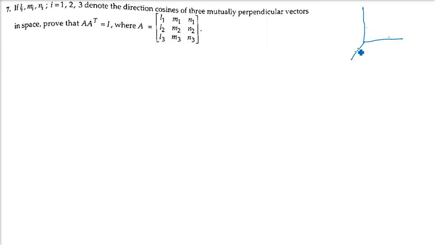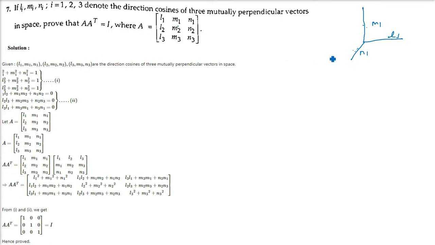Please remember that. We have certain relationships between these L, M, N. If we have the three vectors L1, M1, N1, L2, M2, N2, and L3, M3, N3, indicating certain direction cosines, the first one will be L1 square plus M1 square plus N1 square equal to 1.